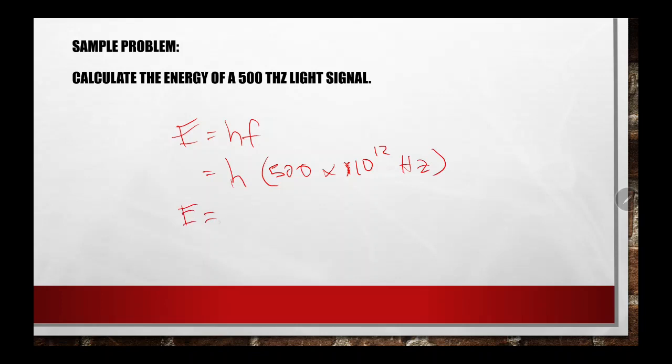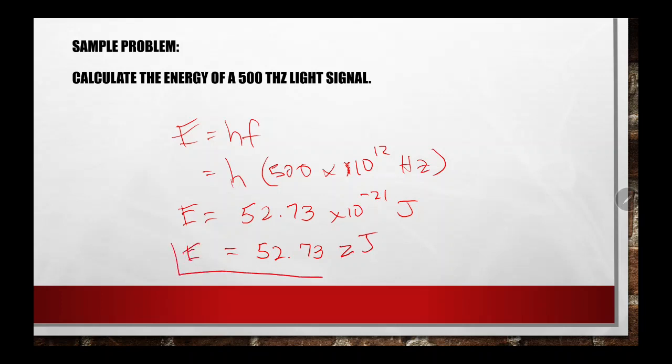So, ang E will be equal to 52.73 times 10 to the negative 21 joules, or 52.73 zeptojoules, zJ. Zepto, negative 21.